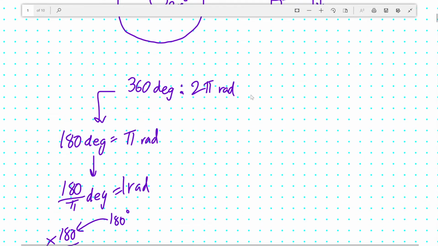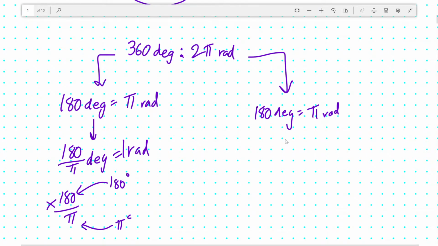Furthermore, if you wanted to find the number of radians in 1 degree, you'll know again that 180 degrees is pi radians, or dividing both sides by 180, that 1 degree is pi over 180 radians.